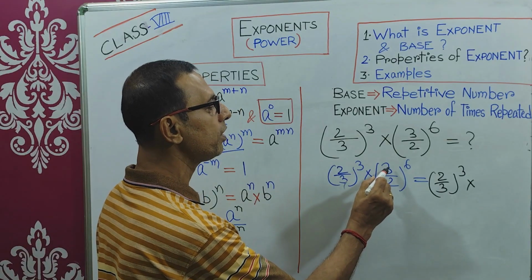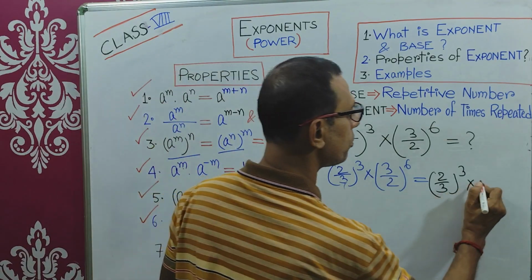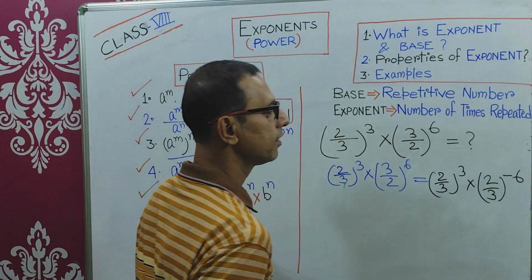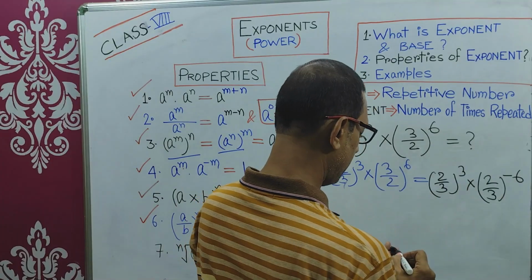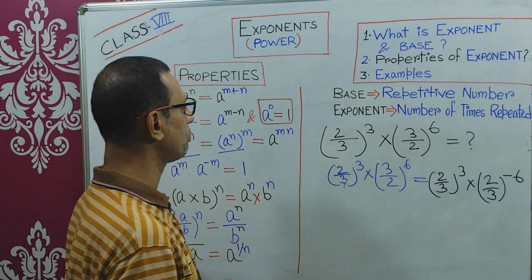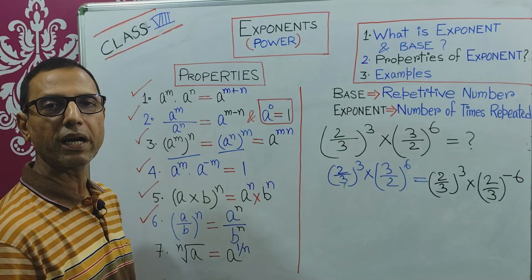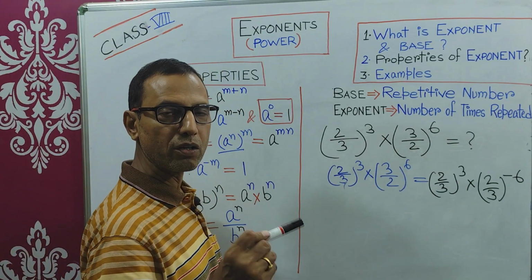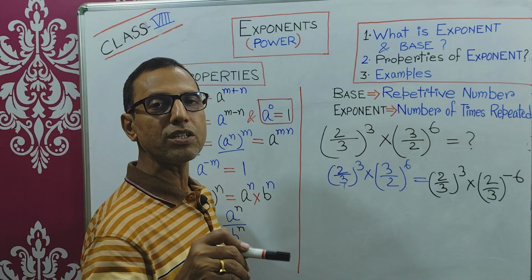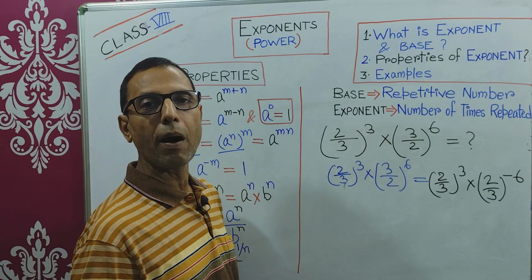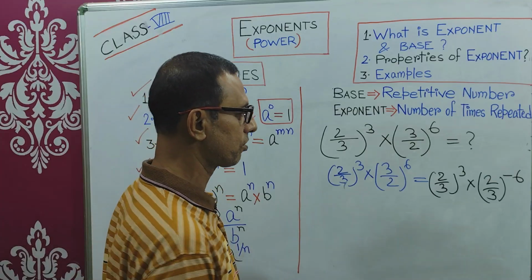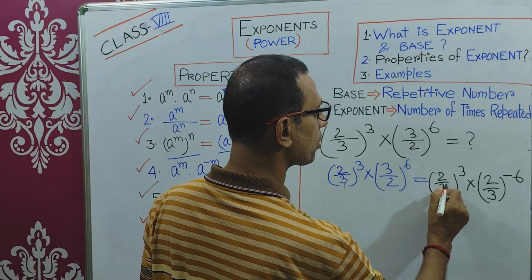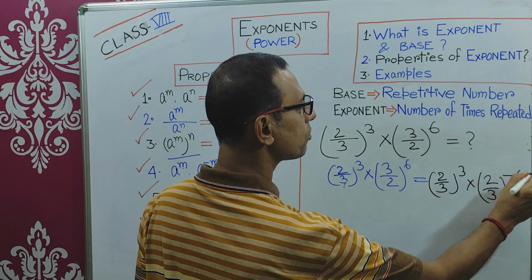So you can write (3 by 2) to the power 6 as (2/3) to the power minus 6, because I already explained that a to the power m equals 1 by a to the power minus m. When you find the reciprocal of any number, the sign of the power changes automatically. So now these two bases are equal: (2/3) whole cube into (2/3) to the power minus 6.